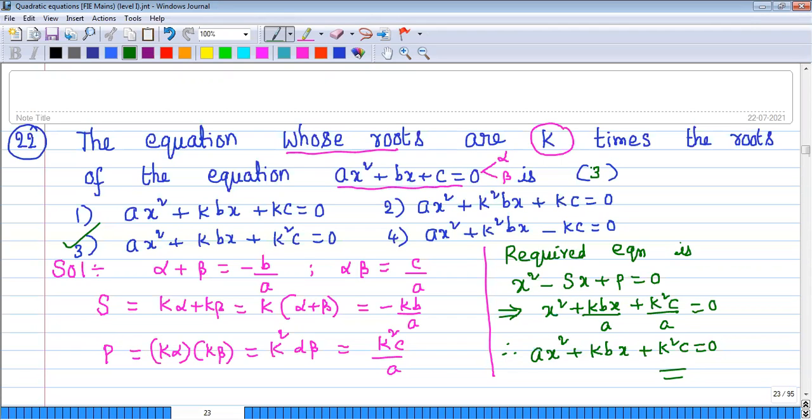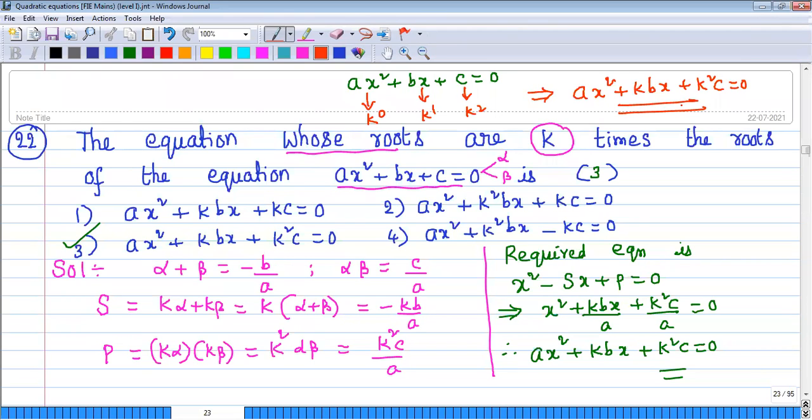But instead of doing like this, we have a very beautiful shortcut. Given equation is ax square plus bx plus c is equal to 0. If you want to find the equation whose roots are k times the roots of ax square plus bx plus c is equal to 0, simply multiply the first term with k power 0, second term with k power 1, third term with k square. See what you get. K power 0 is 1, 1 into ax square; k power 1 is k, that is kbx; k square c equal to 0.